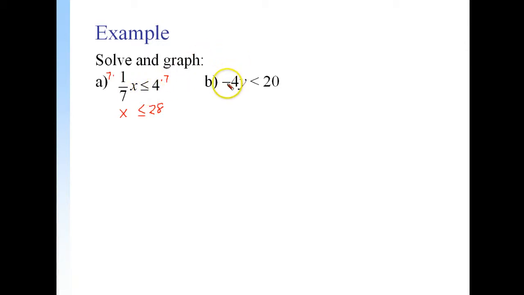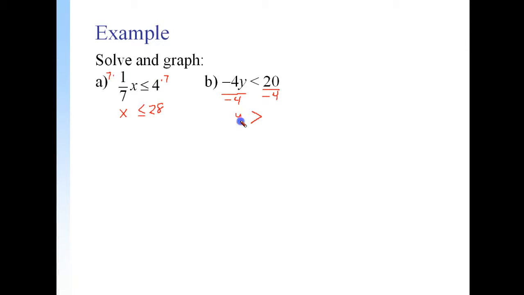But notice here in letter B, in order to get y by itself, I have to divide by a -4. Now when I do that, in order to keep my answer true, you're dividing by a -4, you have to reverse the direction of the inequality.